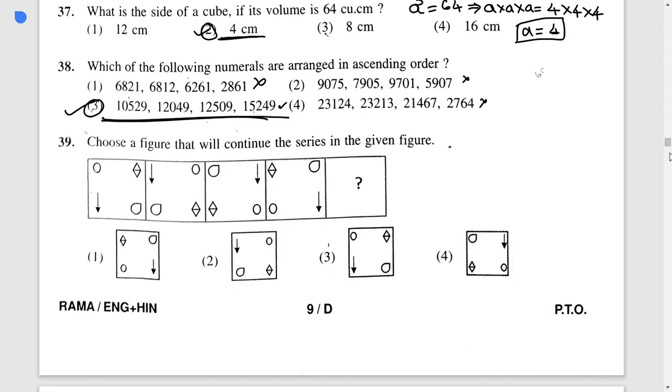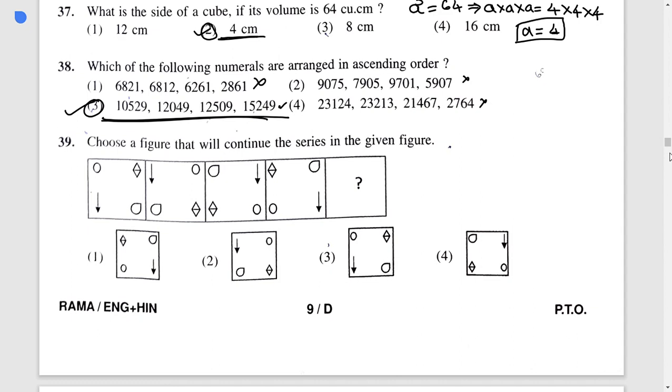39th question. Choose a figure that will continue the series in the given figure. Here, observe this block. First, left corner, they have given circle. Here, square. Here, another leaf-like symbol. Another one arrow is there.